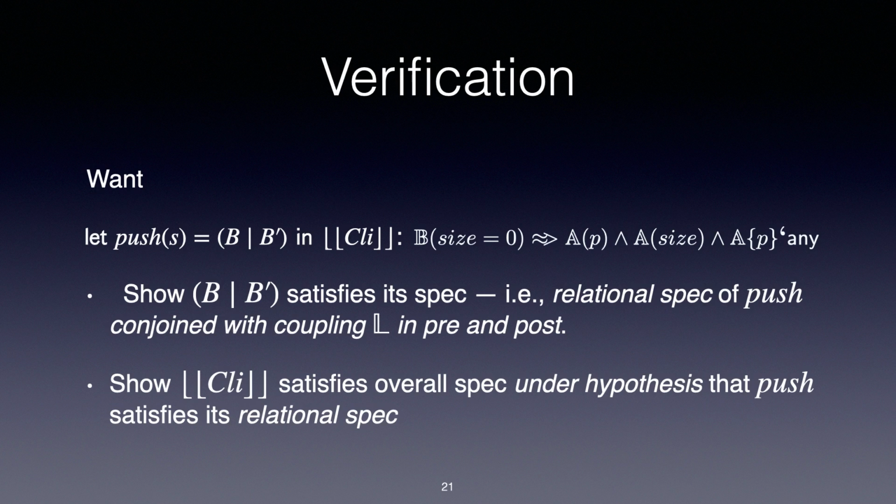But it's not just that. That relational spec has to be conjoined with the coupling L in its pre and post conditions. And then we have to show that the synced client satisfies the overall spec, namely this both size equals 0, etc., under the hypothesis that push satisfies its relational spec.